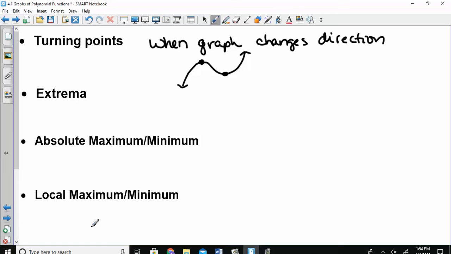When I ask you for the extrema, that's just another word for maximums and minimums. And we have two different types, absolute and local. An absolute maximum or minimum is the highest or lowest on the entire graph.